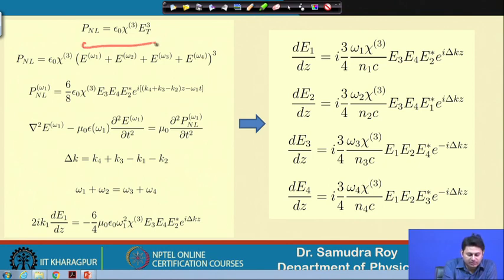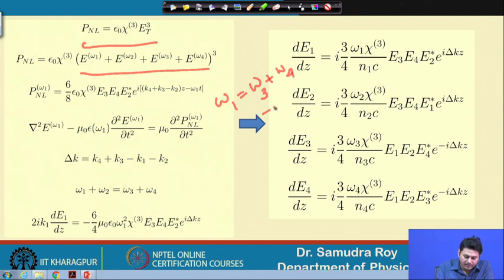P nonlinear will be epsilon 0 chi 3 Et whole cube. Et is the total electric field, as I mentioned, made of omega 1, omega 2, omega 3, omega 4, whole cube, and now I try to find only the corresponding frequency omega 1. So, omega 1 is omega 3 plus omega 4 minus omega 2.